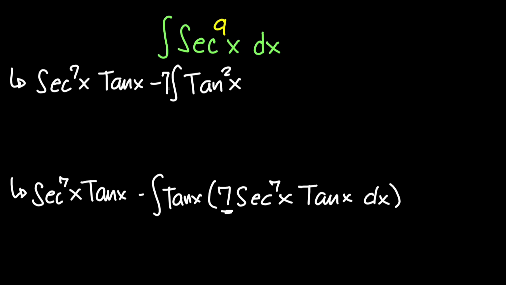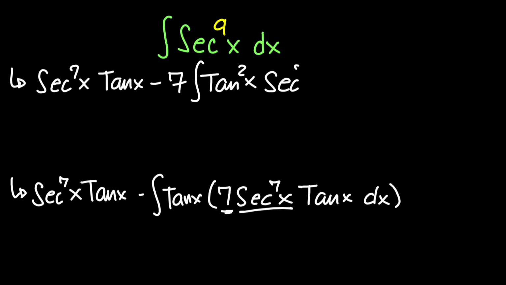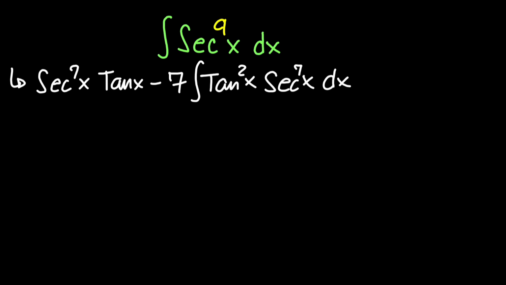So this would be 7 integral of tan squared of x, and what we have left here would be secant to the power 7 of x and the dx itself. After simplifying your expression, for the first part, which is this, you cannot simply solve this any further.